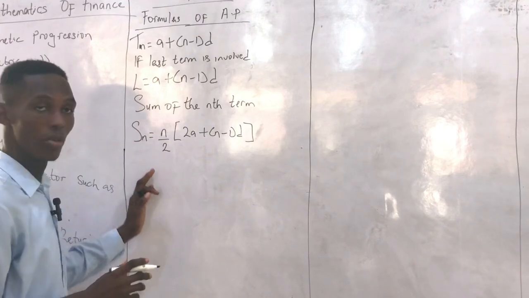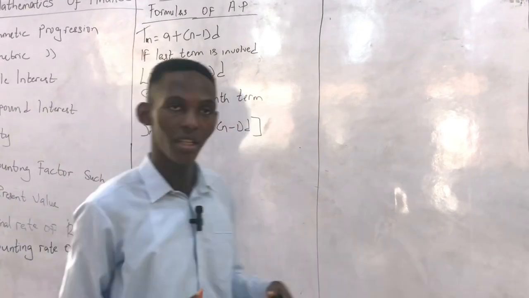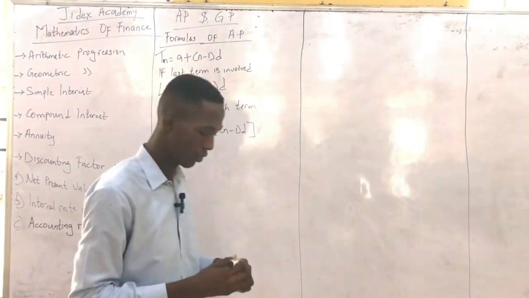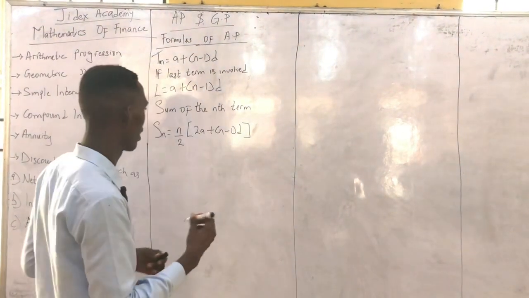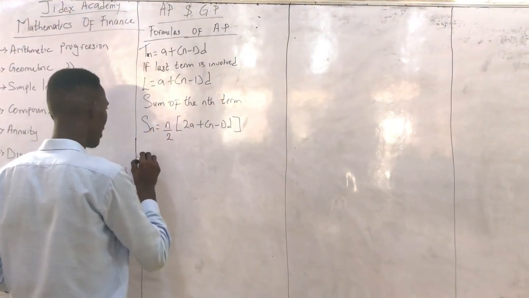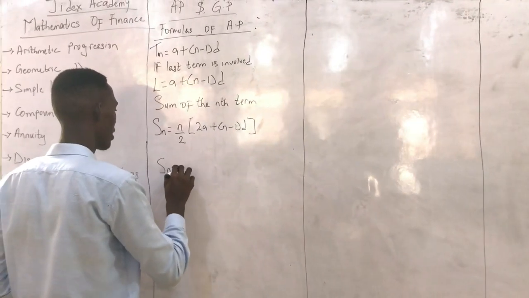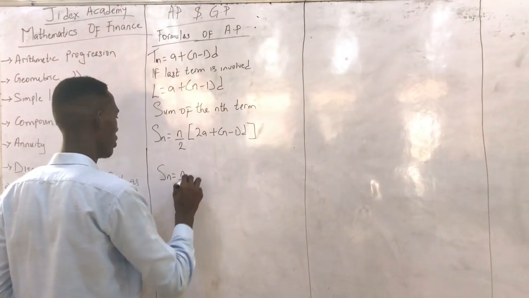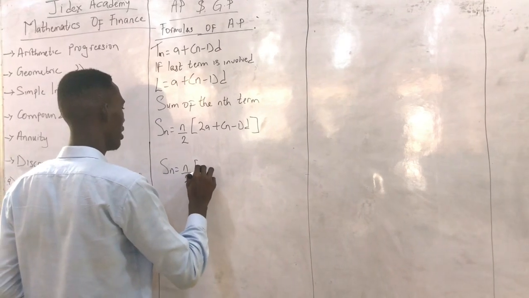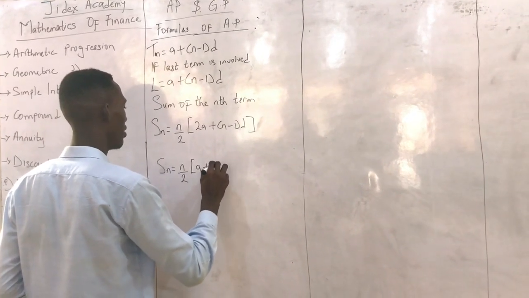That is if you are given the number of terms. But if you are given the last term and you have to look for the sum, then your Sn will be equals to n over 2 open bracket a plus l close bracket.